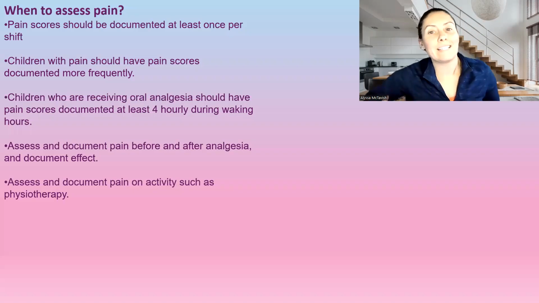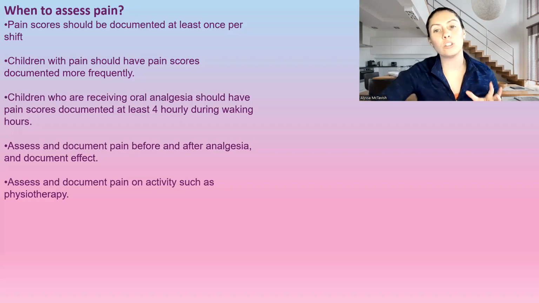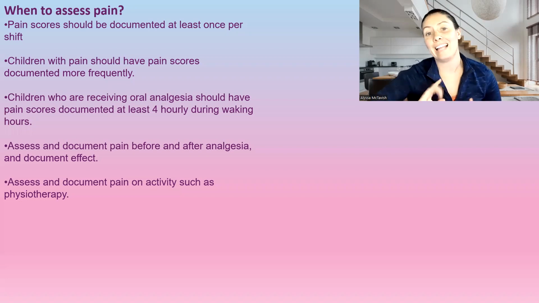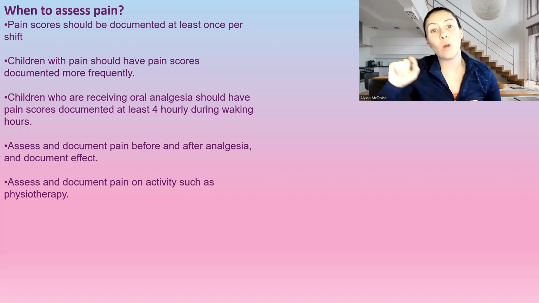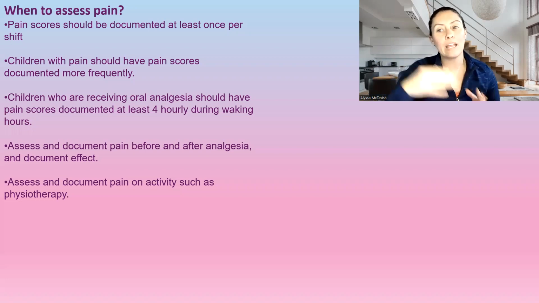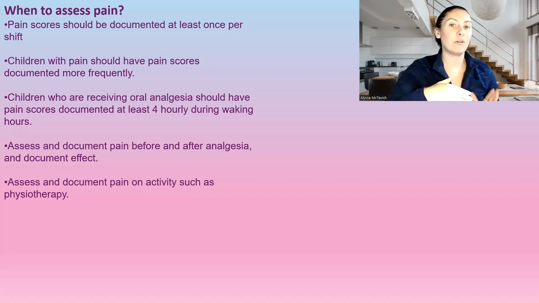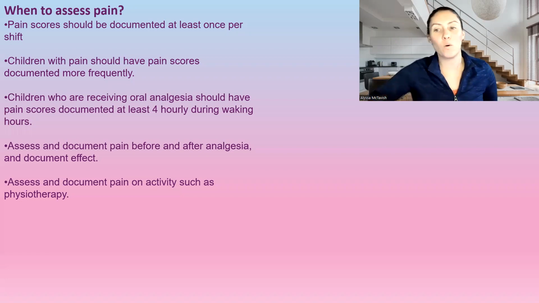So when are we assessing pain? Pain scores should be documented at least once per shift. Now, for children with pain, if they have a pain score, it needs to be documented more frequently. Children who are receiving oral pain medication should have their pain scores documented at least every 4 hours while awake.